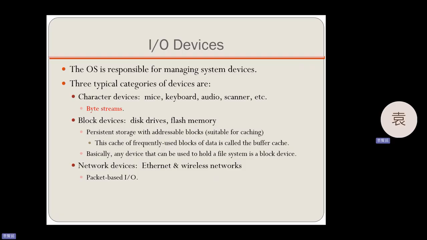And then the last one is network devices, whether Ethernet or wireless networks, so Wi-Fi or GSM, 4G or 5G, and so on. Those use packet-based interfaces. It's like a block device, but it cannot be cached because the data comes from the network, a block followed by another block and so on.